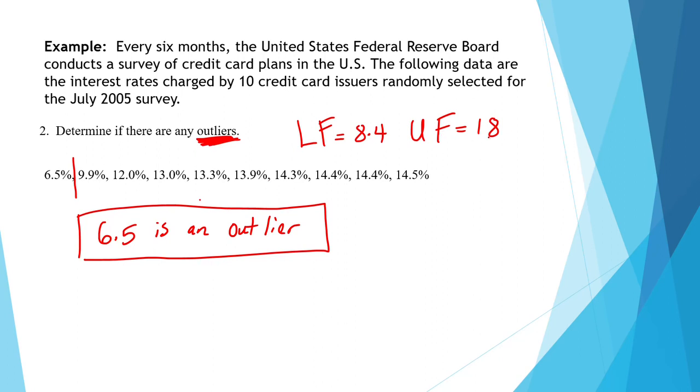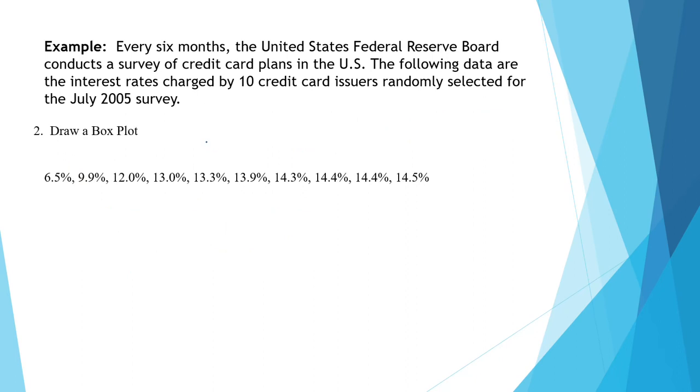The upper fence is 18. 18 is all the way over here, and everything is inside our fence, less than 18. There are no outliers above 18, but there is one outlier below our lower fence of 8.4, so we only have one outlier, 6.5.